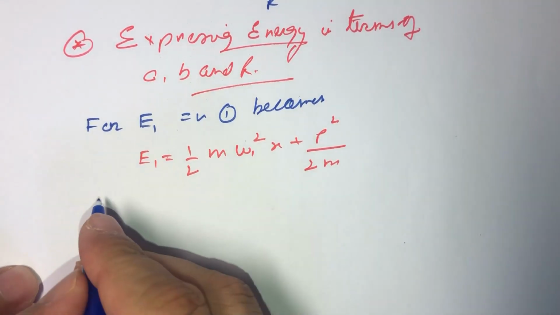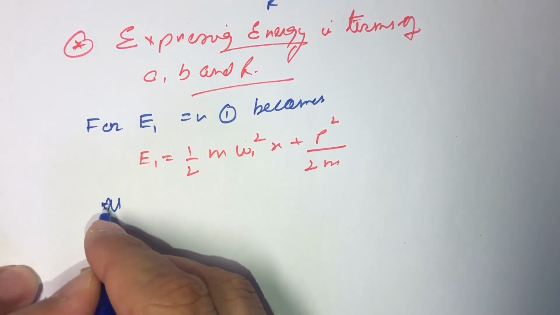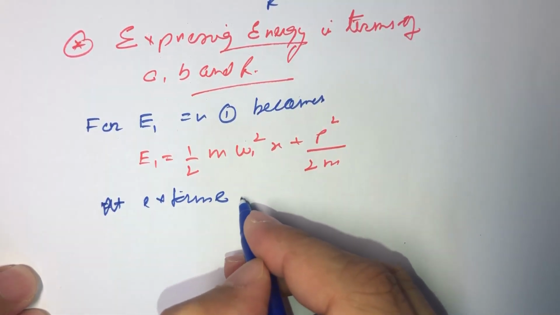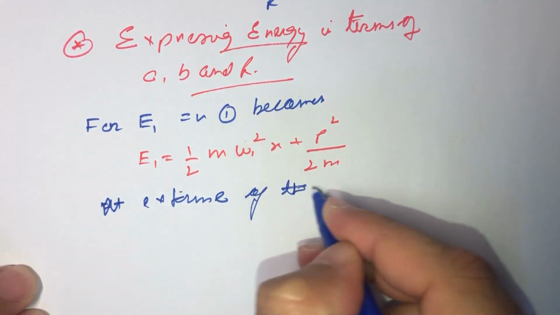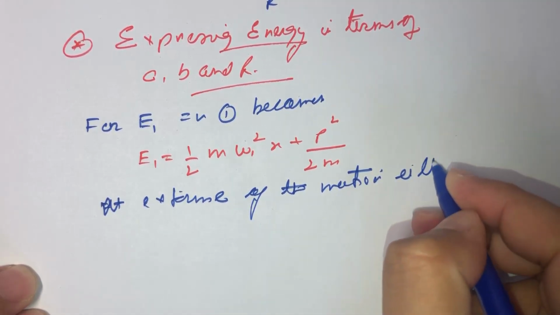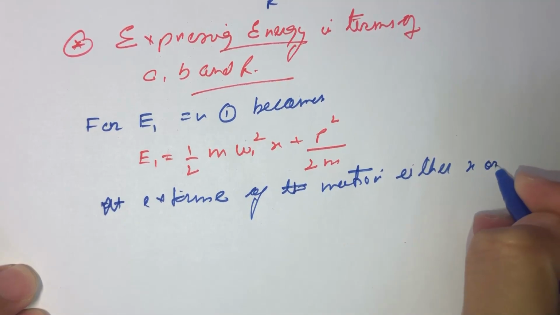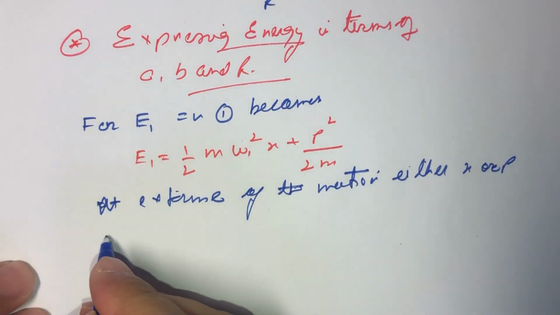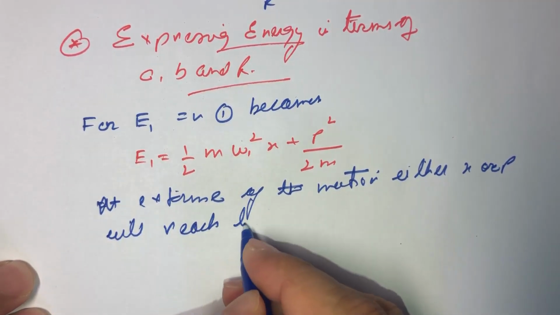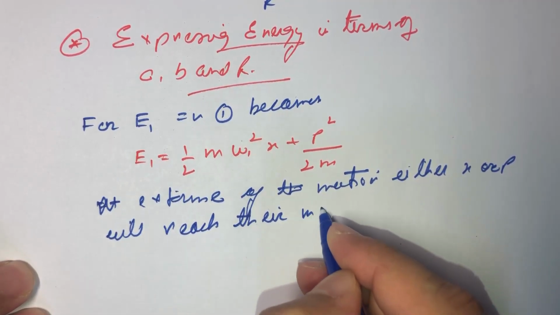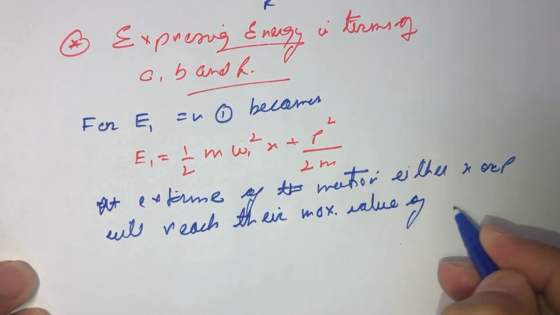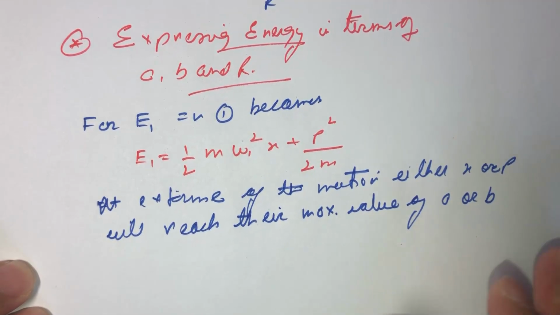So at the extreme of the motion, either x or p will reach their maximum value of a or b respectively.